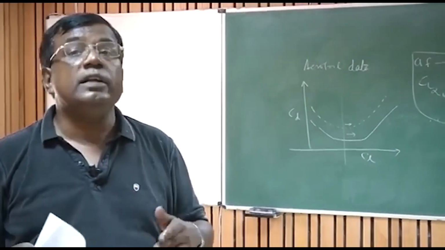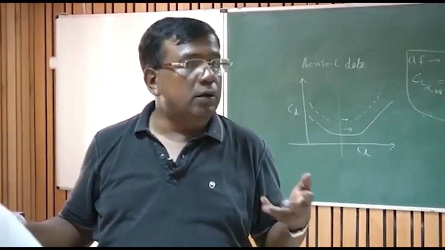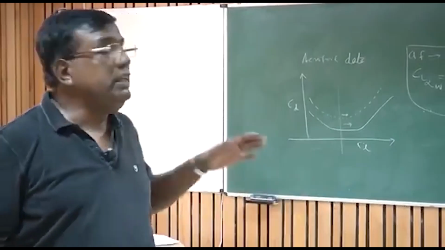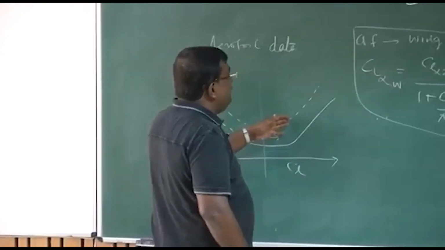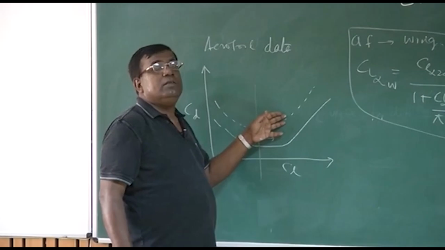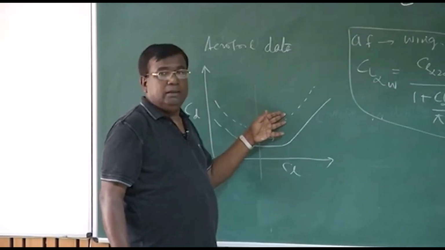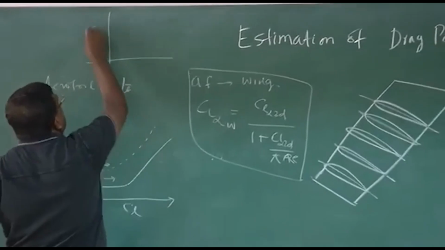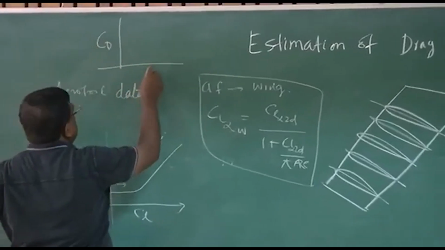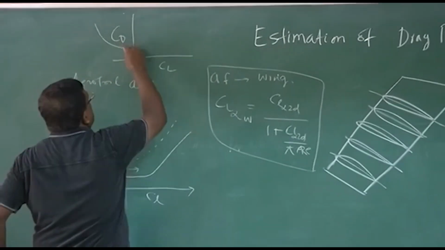Be very clear, because it's an infinite span, so there is no question of finite wing effect. So this trend of increase in CD because of increase in CL should not be interpreted as a contribution because of induced drag. Correct?